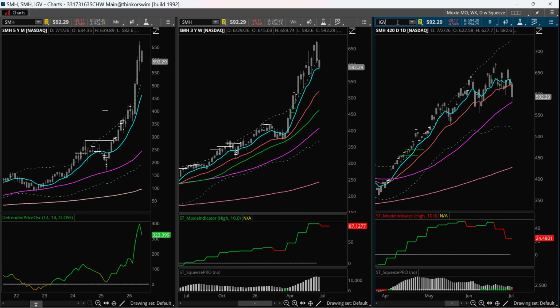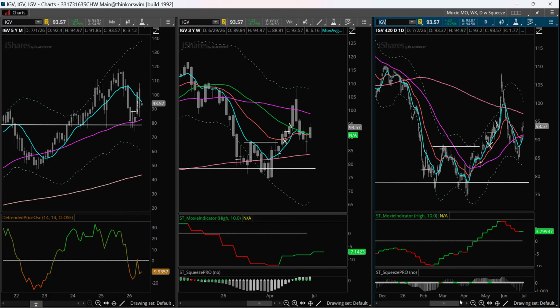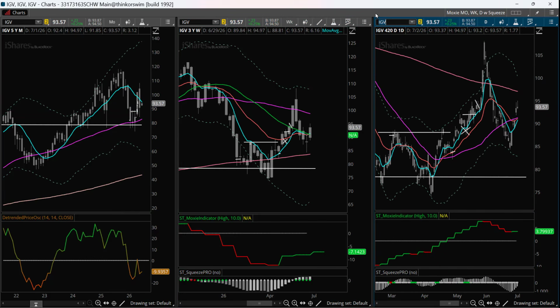And then if we go look at the IGV on a larger time frame in through here, I'm actually looking at IGV two things. One, I think bigger picture, this might actually be setting up for a long trade. I think that is partly because it got demolished. Everyone was selling software and the SaaS apocalypse and everything else like that. But slowly, people are starting to realize that software is actually very, very important and crucial to the whole AI trade.